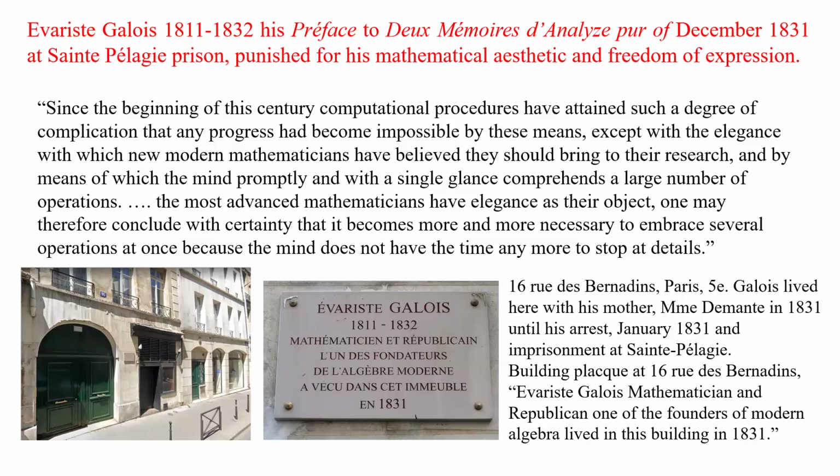I'm going to read you a paragraph that he writes in 1831. He died in 1832. At this moment in time, he's in the Saint-Pélagie prison because, while some people had been arrested for their politics, he got into problems for his math, because he had what they considered radical ideas.